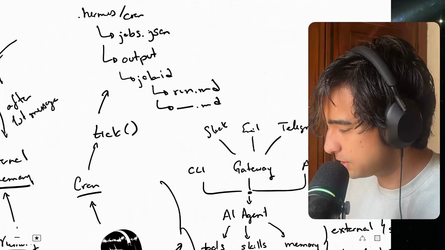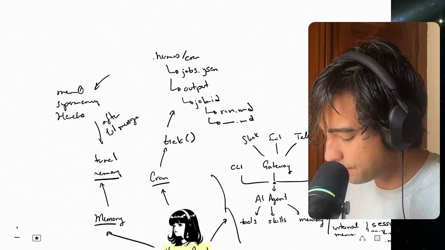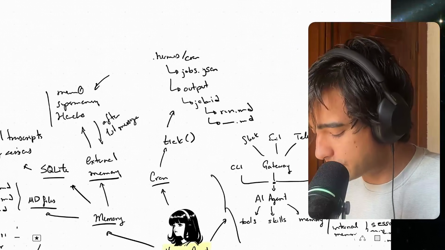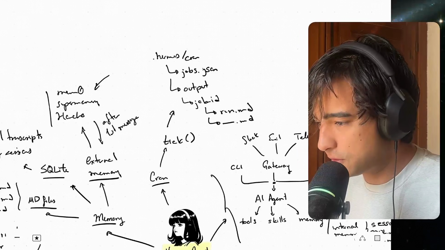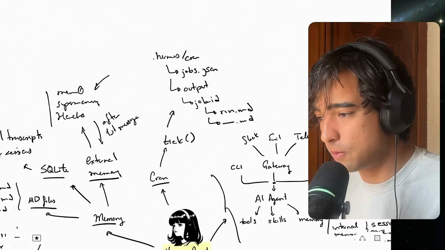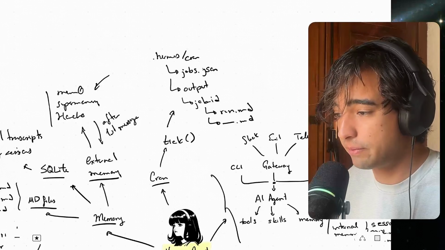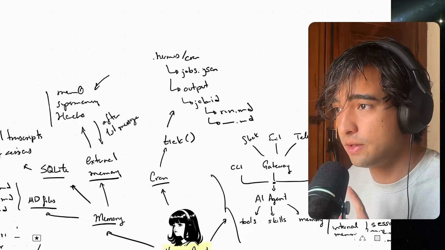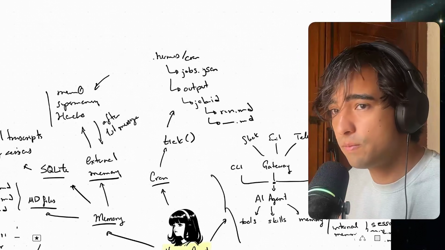Now, something important to notice, just a kind of trivia: cron does not automatically send you a message on Telegram or whatever you want. It will send you a message on your home messaging platform.